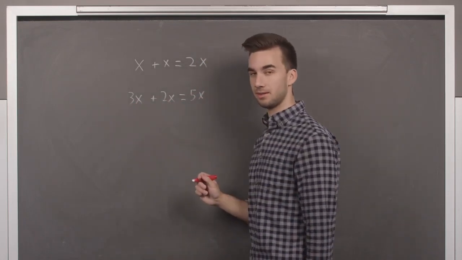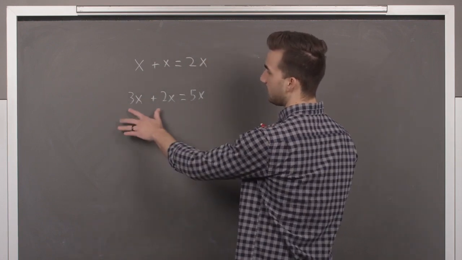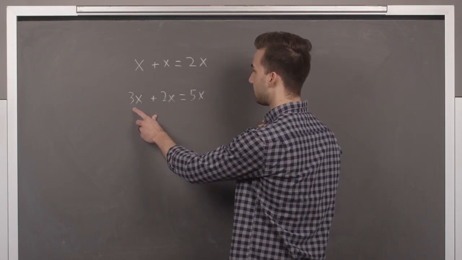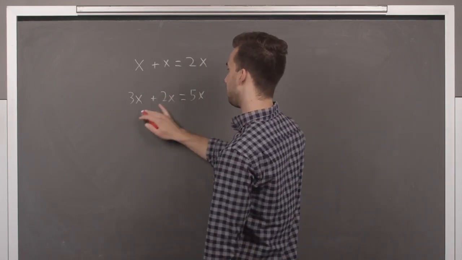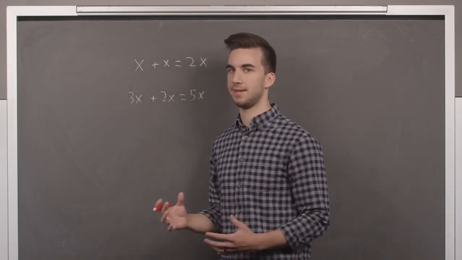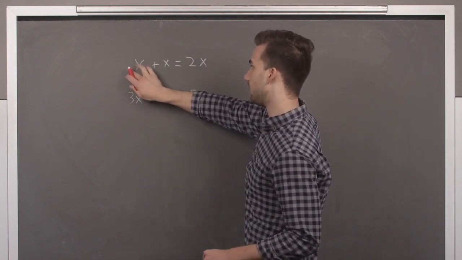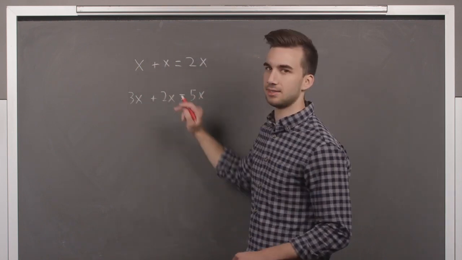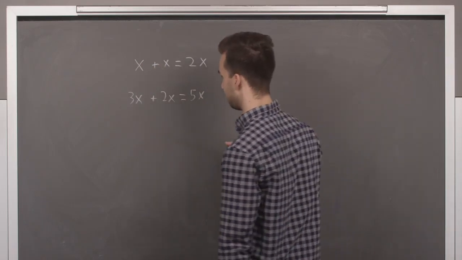Another way we can think about it is with this problem here, we can say 3 of x plus 2 of x is equal to 5 of x, right? It's like you have them all and you're adding them. And so with this, it's 1x plus another x is equal to 2 x's. It's the same as basic addition.